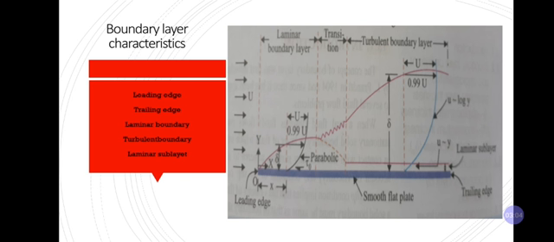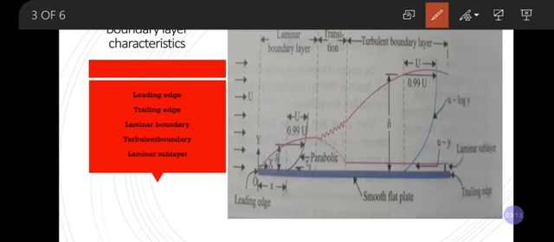So here you can see in the snap which is provided, this is the mainstream velocity, and this is the flat plate, the blue colored plate, which is inserted here. So there is retardation in it.